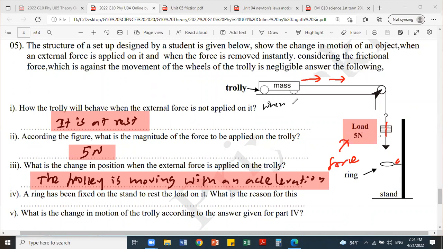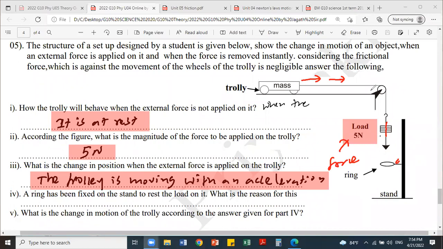You can write here, when the load is landed on the ring, no, it will not remain at rest, Tarul. The trolley now will slow down and come to rest after some time. It will not suddenly come to rest. Imagine one example: while you are driving the vehicle, you suddenly make the engine neutral. Will the vehicle come to rest?